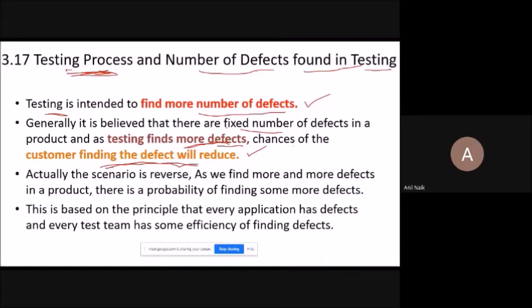Because you are using your process and the testing finds more defects, the customer may find very few defects. But actually the scenario is the reverse.